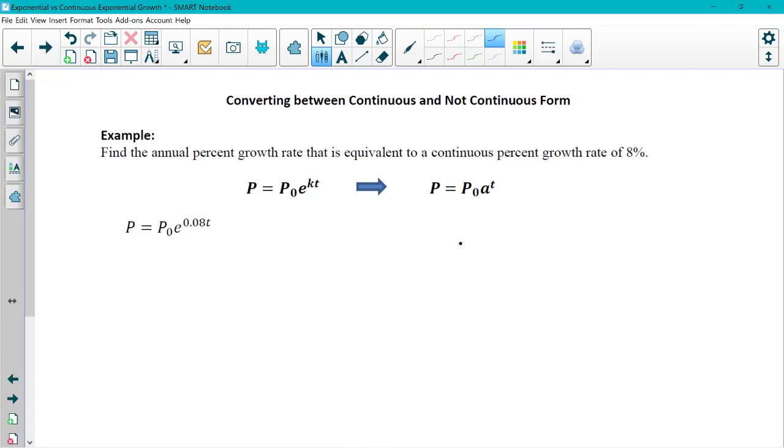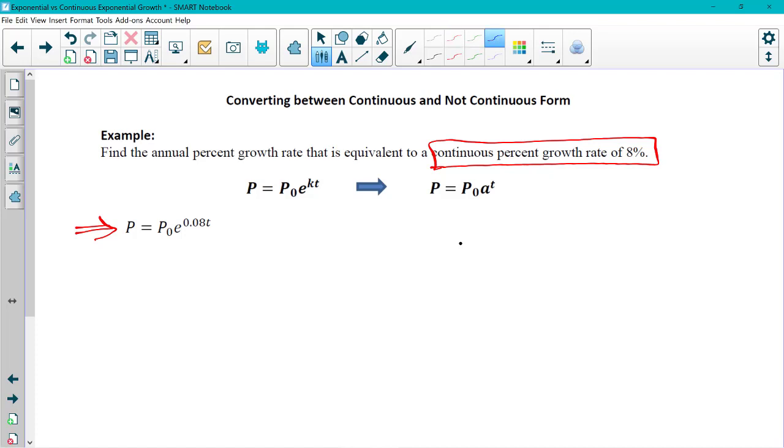Okay, so it says find the annual percent growth rate that is equivalent to a continuous percent growth rate of 8%. If we know the continuous percent growth rate, then we can come up with our function that calculates that continuous growth.